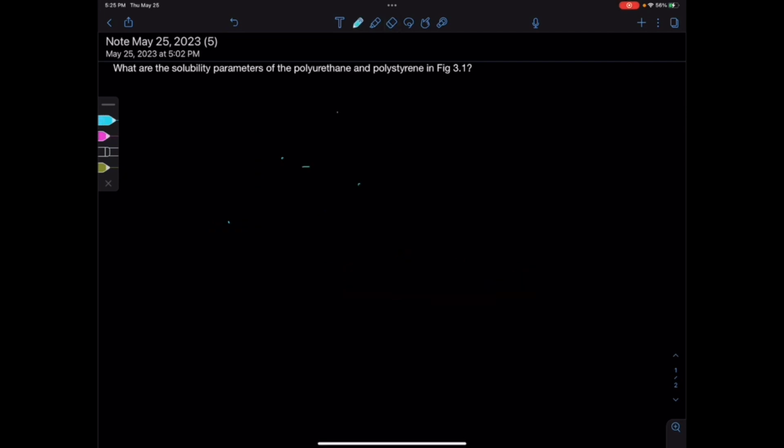For polyurethane, delta would be the one with squares, so the peak is at, it matches at 21.75 times 10 cube, because the delta values are given in terms of 10 to the negative 3, so the value on the x-axis has to be multiplied by 10 cube.